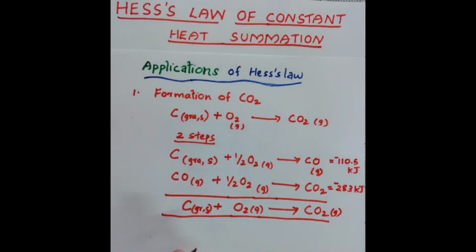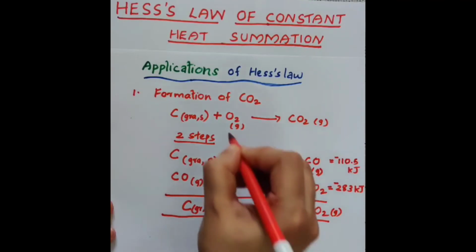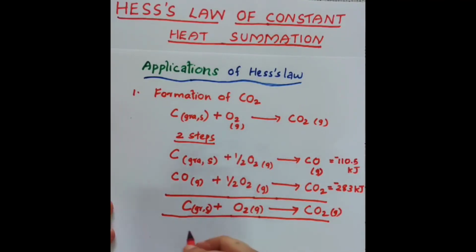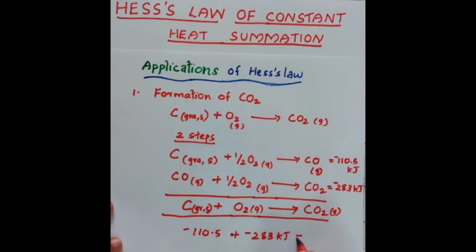Now the overall enthalpy change for this reaction, the formation of carbon dioxide, is obtained by adding these two. The total standard enthalpy change in this two-step process is negative 110.5 plus negative 283, equal to negative 393.5 kilojoule.